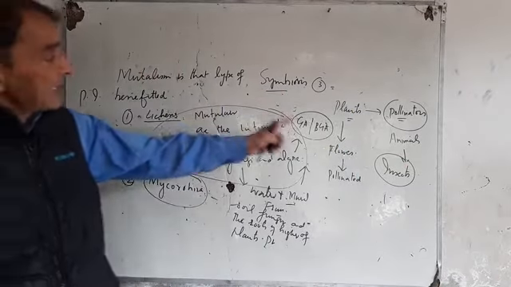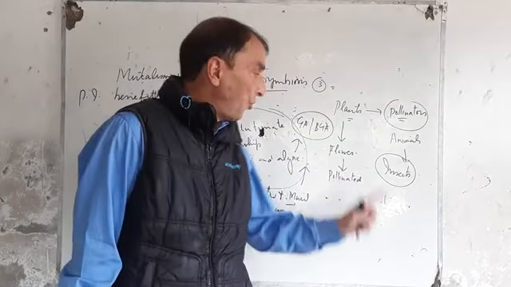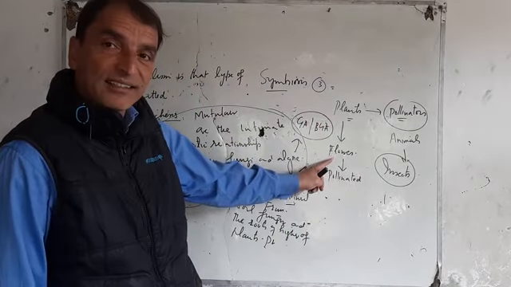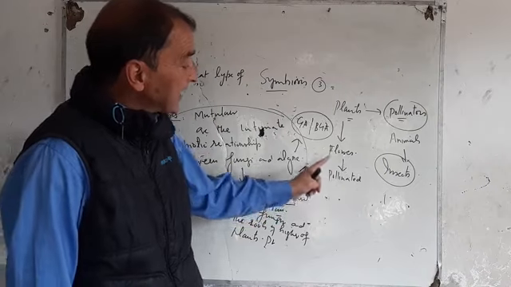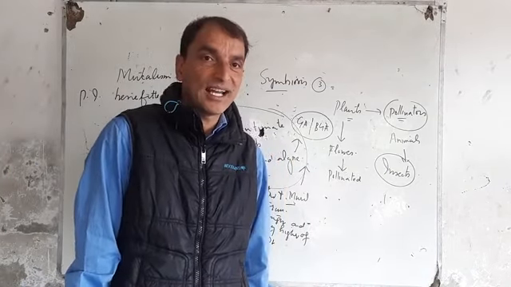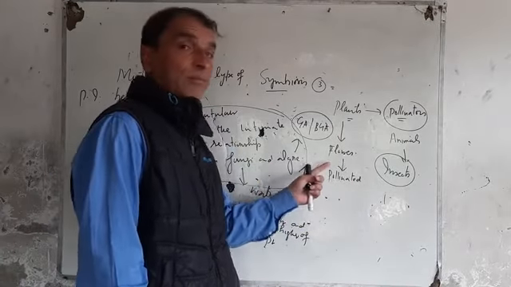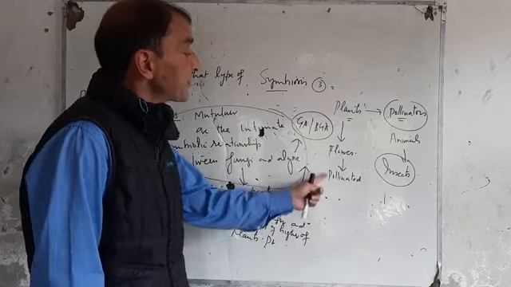So plants depend upon insects for their pollination and for dispersal of their seeds. Right? Now, animals help them in pollination and dispersal of seeds.